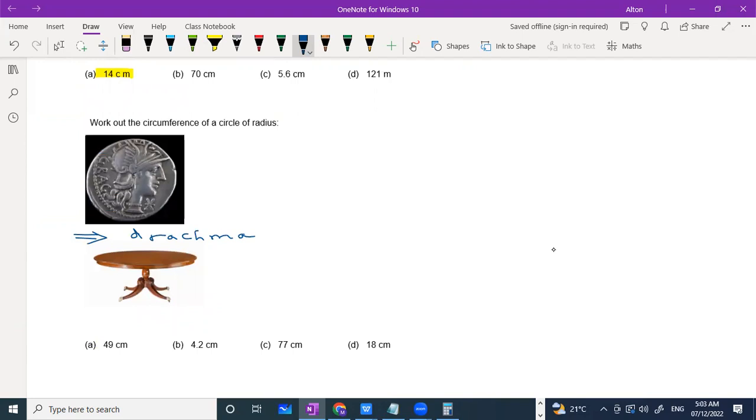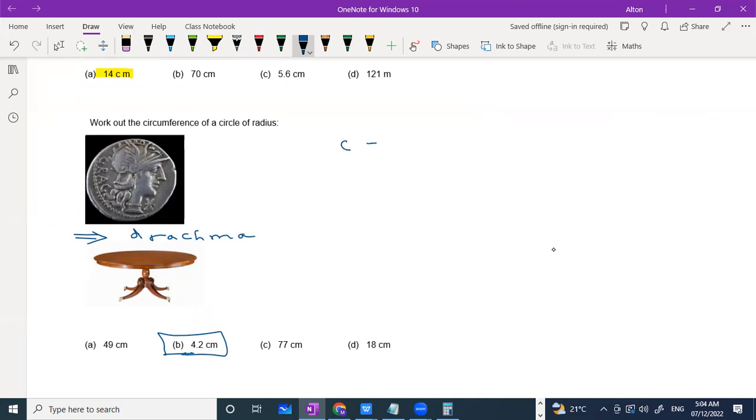And let's work out this one. Let's say the radius, I'm just using some arbitrary numbers, is 4.2. That's very big, it is too big for a coin, right? But let's just work the number all the same.